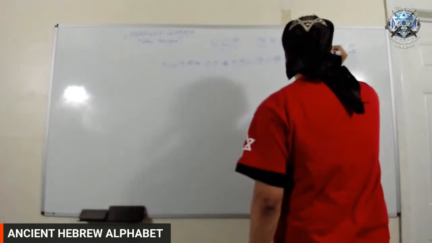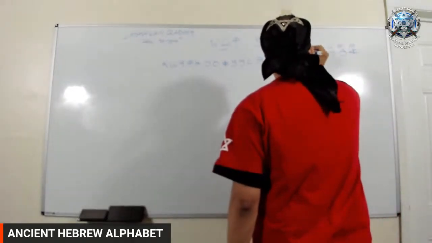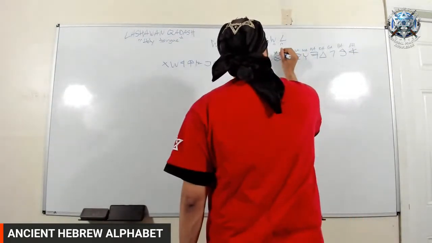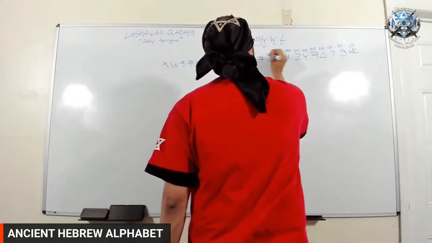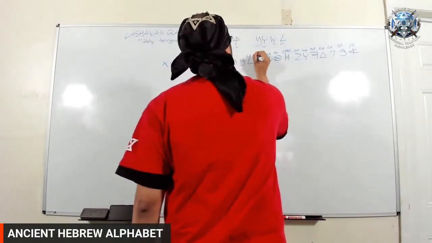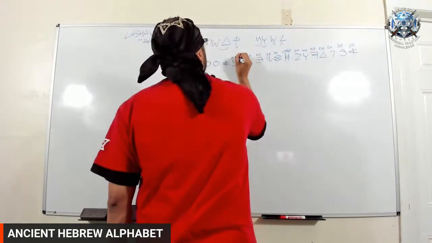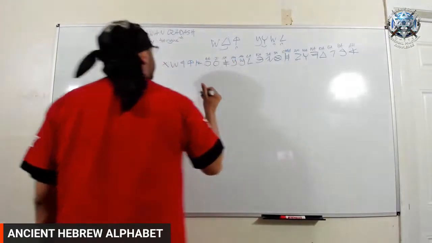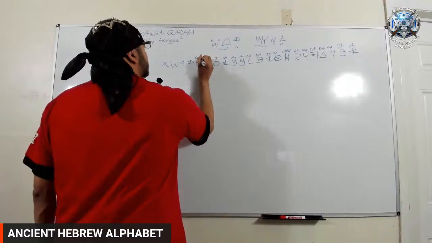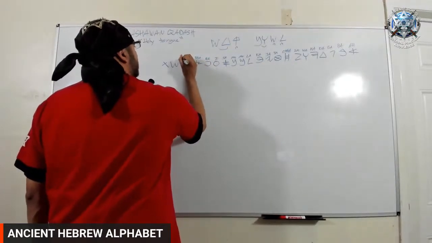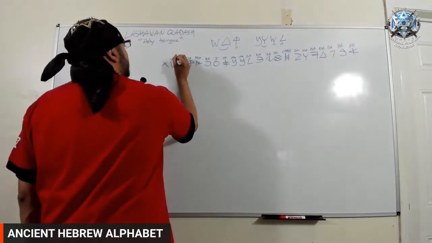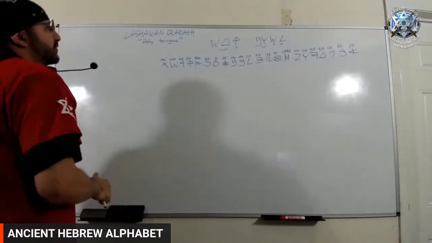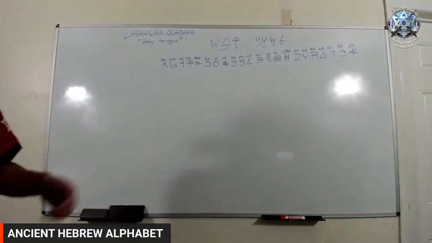Ga, da, ha, wa, za, ha, ta, ya, ka, la, ma, na, sa, I, pa, taza, qua, ra, sha, and then of course tha. All right. Try to keep it in a straight line, but do the best I can.